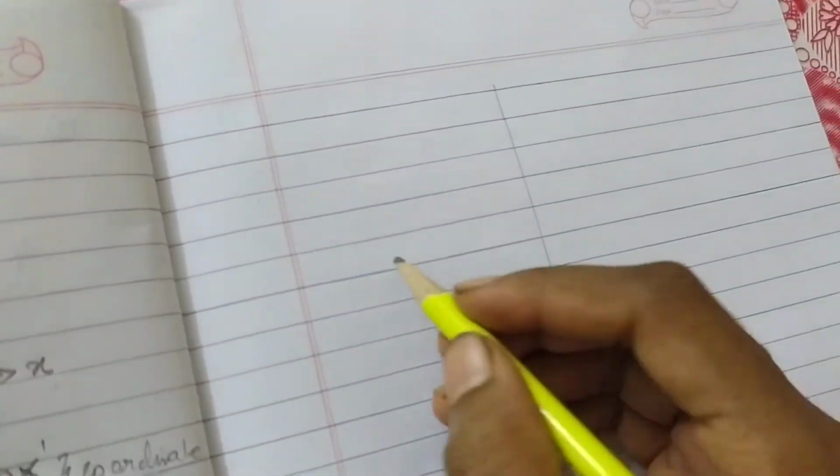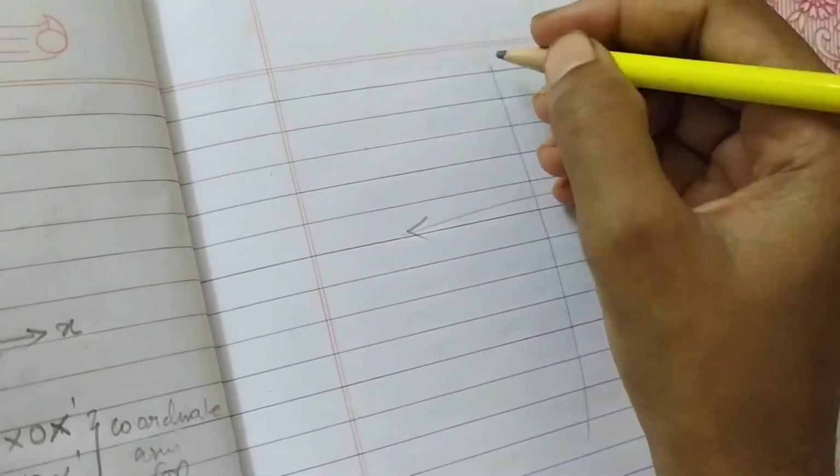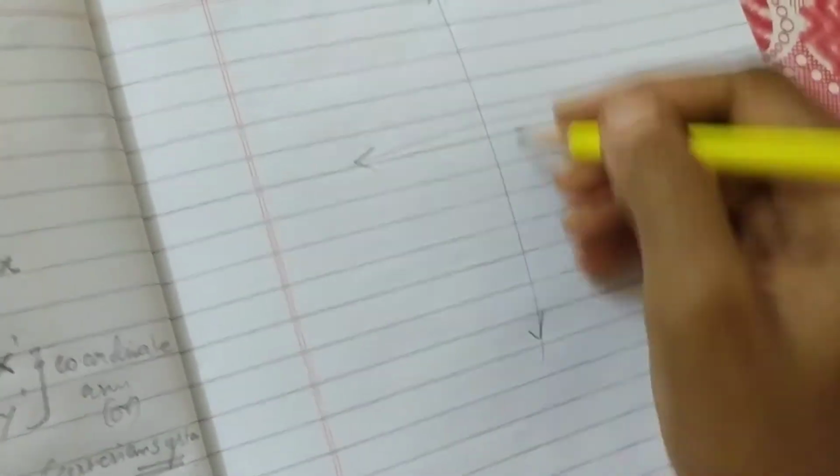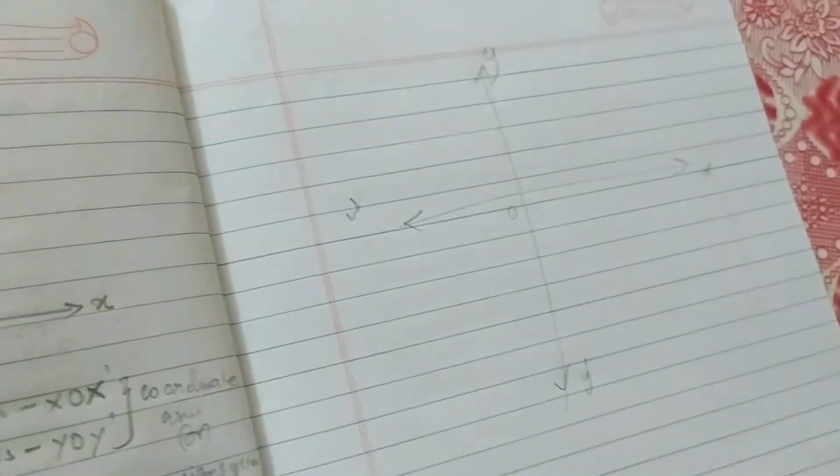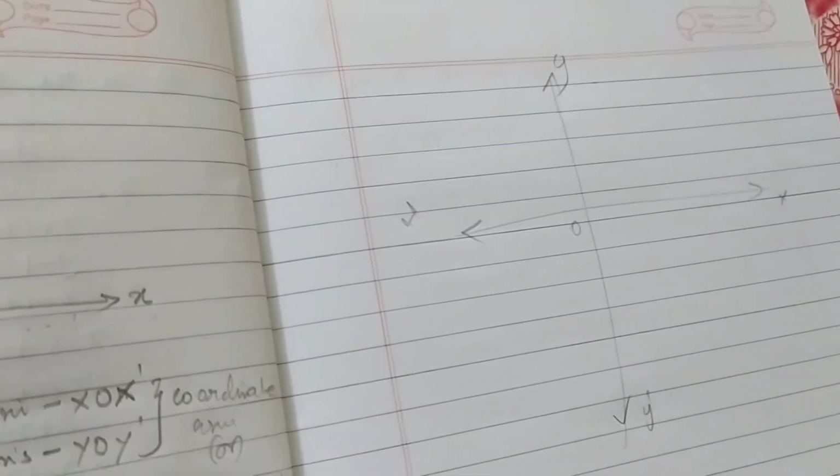And normally we have quadrants. For understanding, I am drawing like this. You should draw using a scale and pencil. We have it like this now.